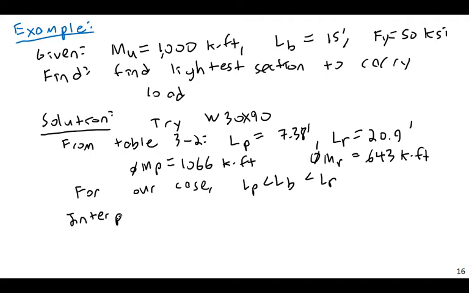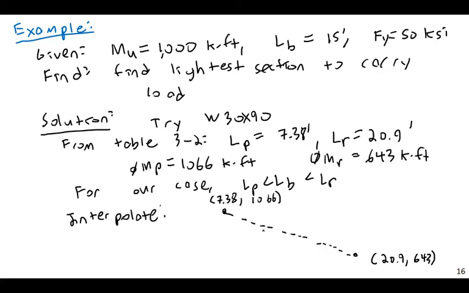So I have 2 points. I have the point 7.38 comma 1066, and then I have the point 20.9 comma 643, and then I'm going to interpolate between them, and then I have a linear equation describing the capacity between them.